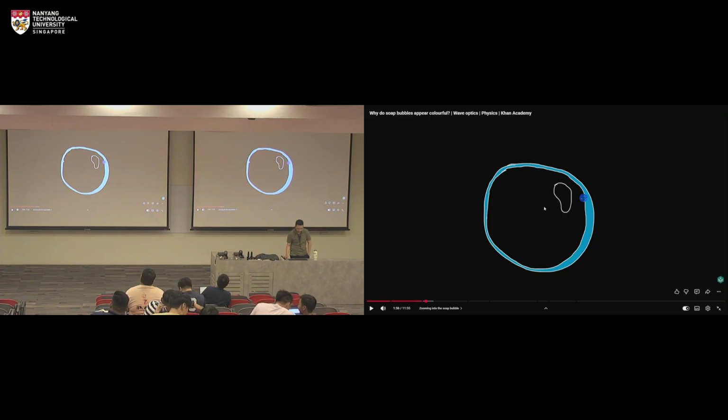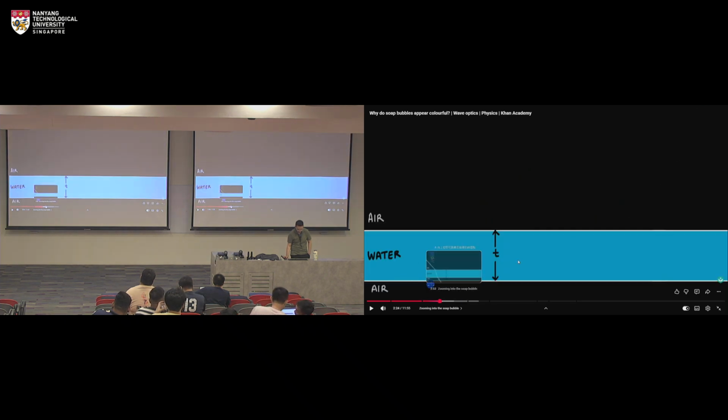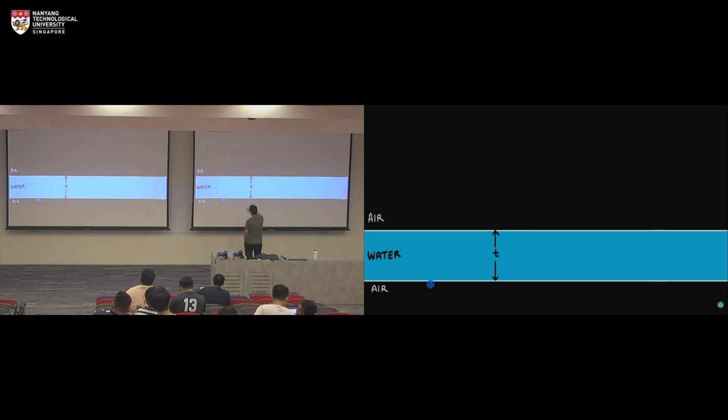The layer is so thin that you may not even notice. But if you enlarge this part, it looks something like this. It can be air, water, air, or air, soap, air. So this is the thin layer that creates the interference.